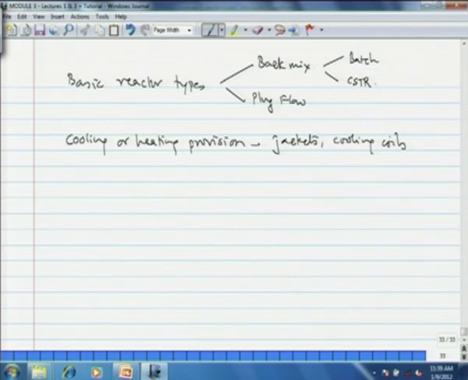And the reactor should be so designed that it withstands the operating condition, especially in case of reactions that use harsh operating conditions such as high temperature, high pressure. The material of construction is another issue that we are going to address later, but the reactor should be so designed that it withstands the operating pressure and temperature.